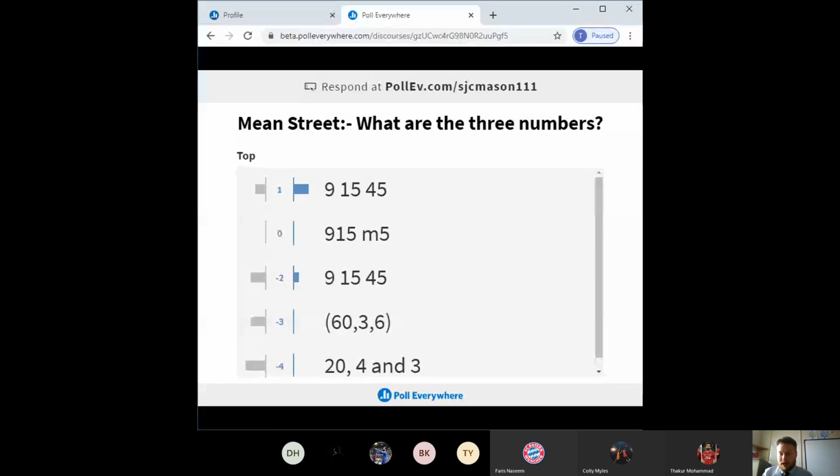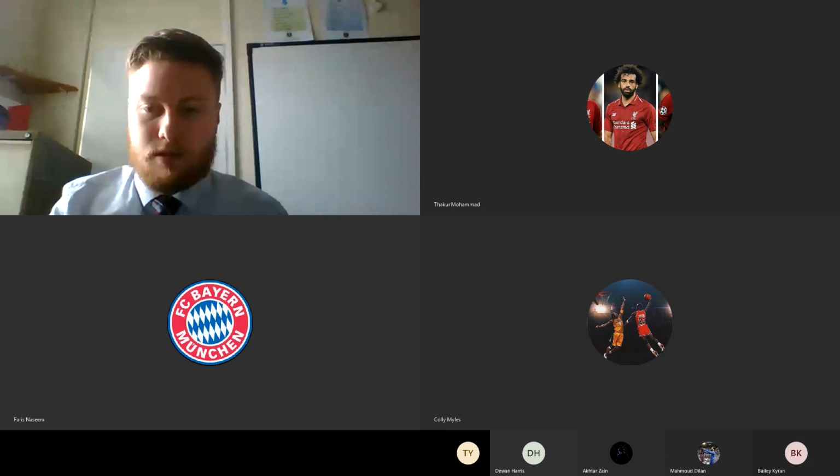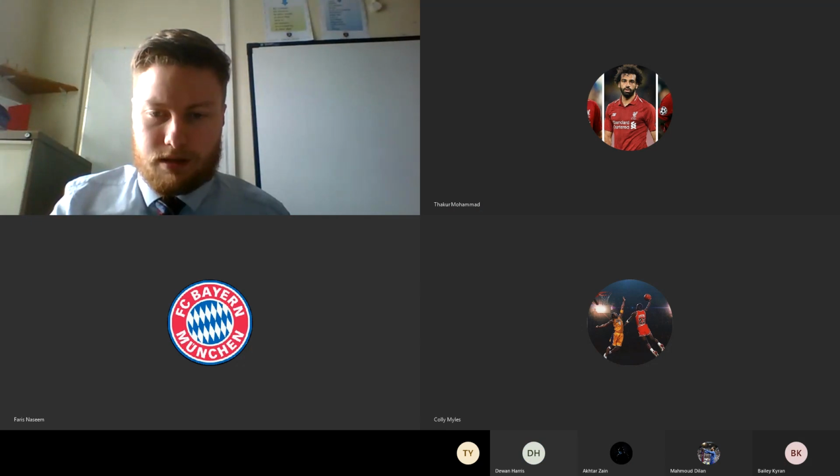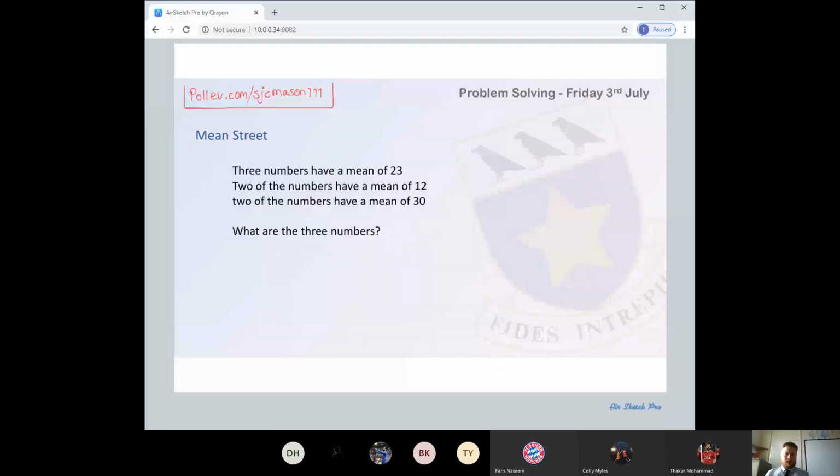So that's good. Let's have a look now. Let me go back to the sheet here. So 9, 14 and 45 is the correct answer. You can take a few possible strategies to this, but the strategy we're going to use today is thinking about what it actually means for three numbers to have a particular mean.